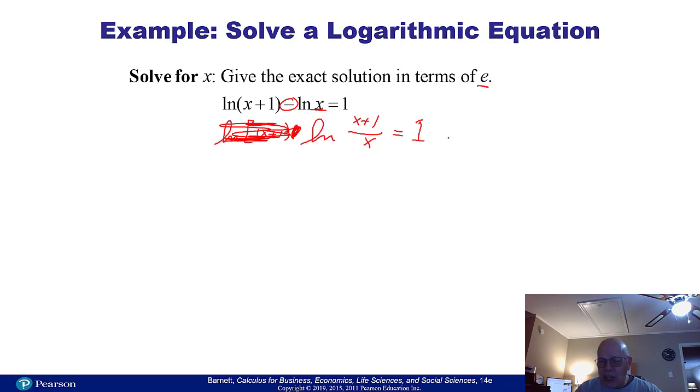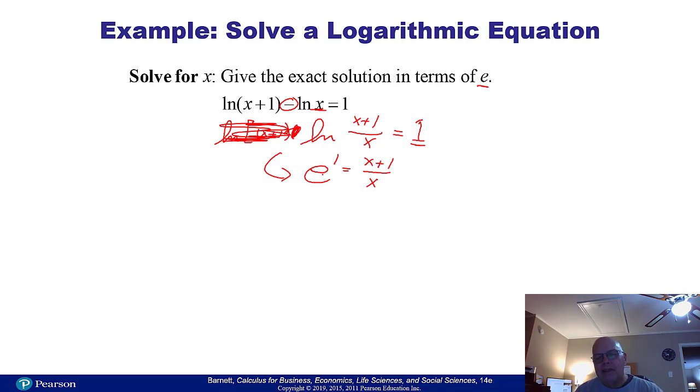So is that as far as we can go? Of course not. The natural logarithm has a base e, and the natural logarithm is an exponent. So this can be rewritten as e, there's my exponent, logarithms are exponents, e to the 1 power equals x plus 1 over x.